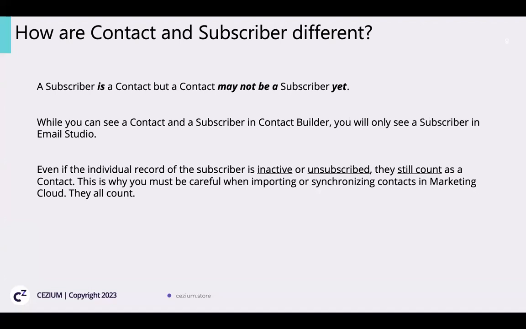In Email Studio, you don't have the same vision of contacts and subscribers. So you won't see contacts that are not subscribers in Email Studio. This can be a bit confusing. When you're working on Salesforce Marketing Cloud, depending on the client, he can have Contact Builder in his licenses or not. If he doesn't, the way you deal with contacts will be a bit different.